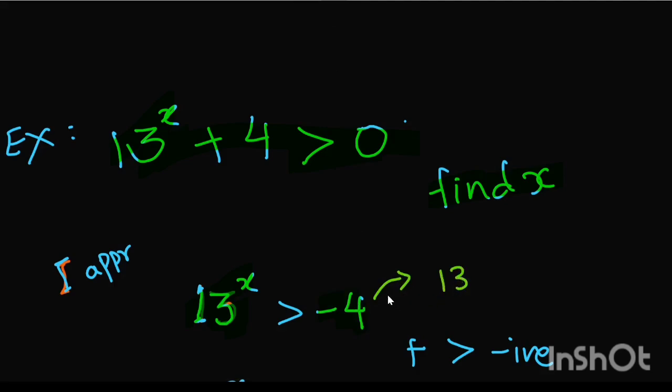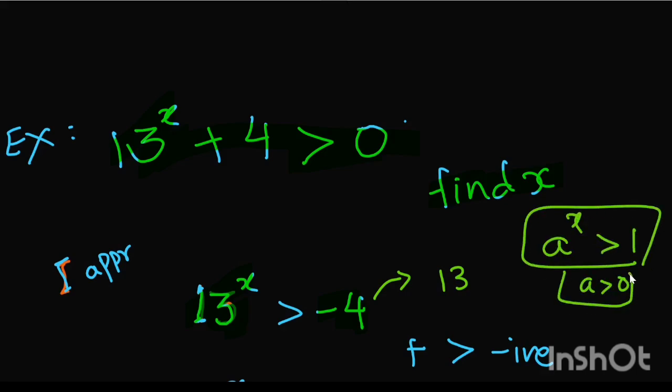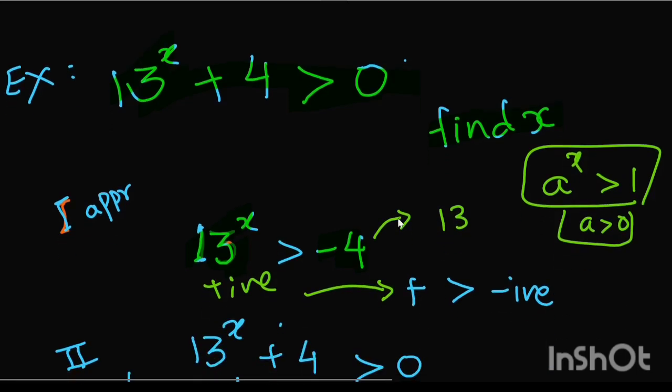As I said in the previous example, a to the power x is always a positive number if a is positive. So 13 to the power x is positive, and minus 4 is negative, which is an identity. So any value of x you put will satisfy it. It can be justified without taking minus 4 to the right hand side.